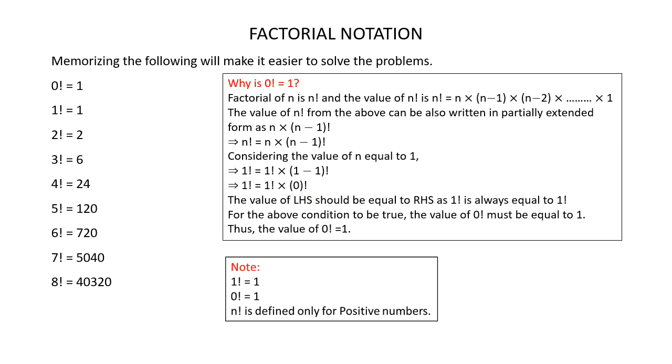Now if 0 factorial is equal to 1, then 1 factorial multiplied by 1 is nothing but 1 factorial. So the value of the left hand side and the value of the right hand side in this equation will be equal. So as you can see, the value of 0 factorial is 1.